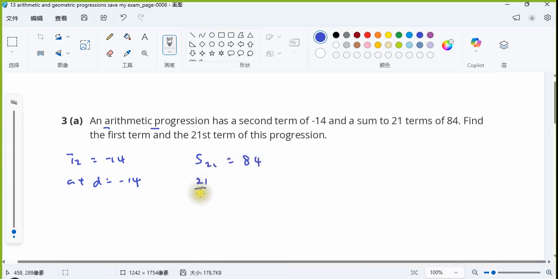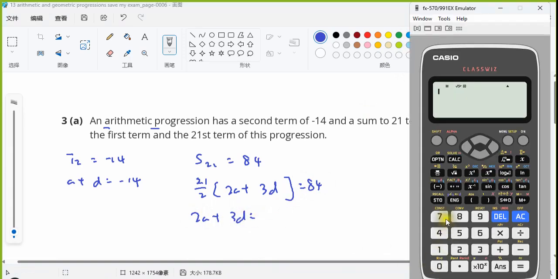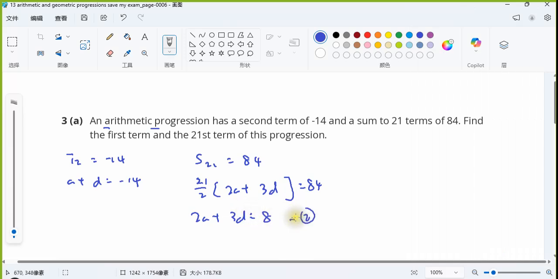So we have 21 over 2 times (2a plus 20d) equal to 84. So we have 2a plus 20d equal to 84 times 2 divided by 21, then it's 8. So this is equation number 2. And we can have d equal to negative 14 minus a.